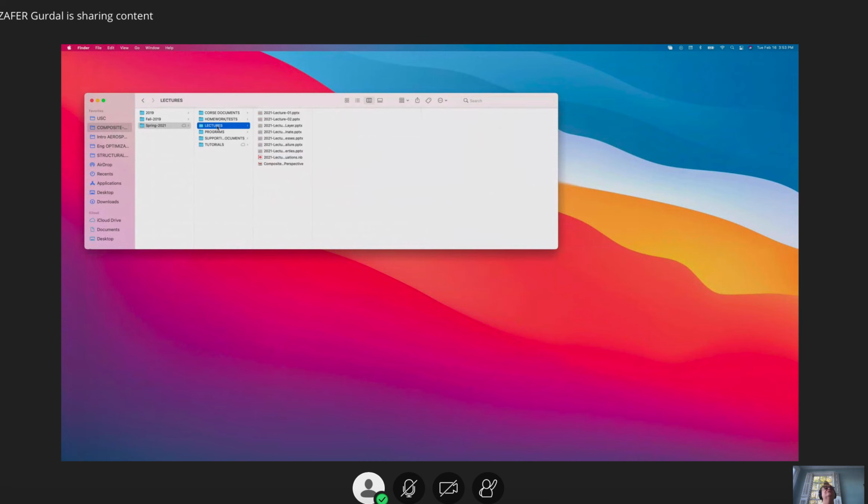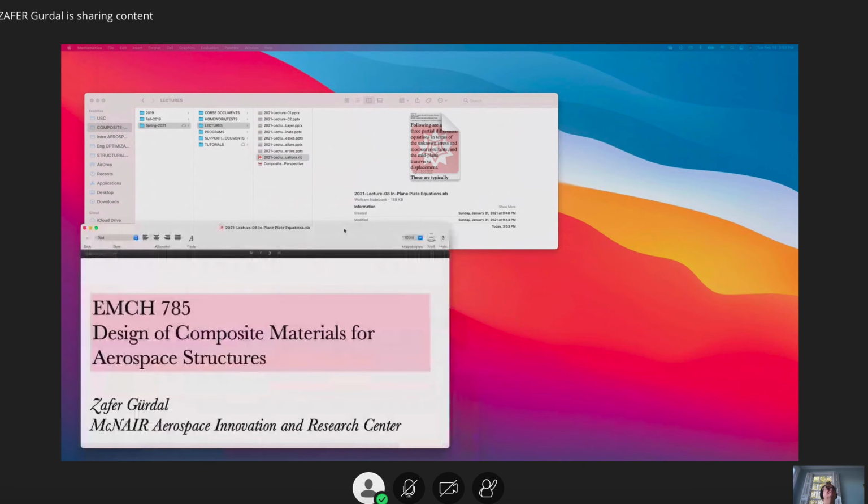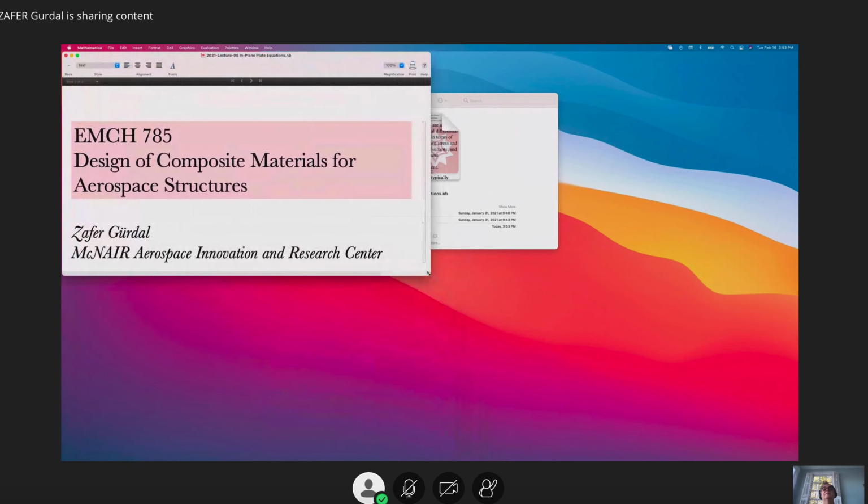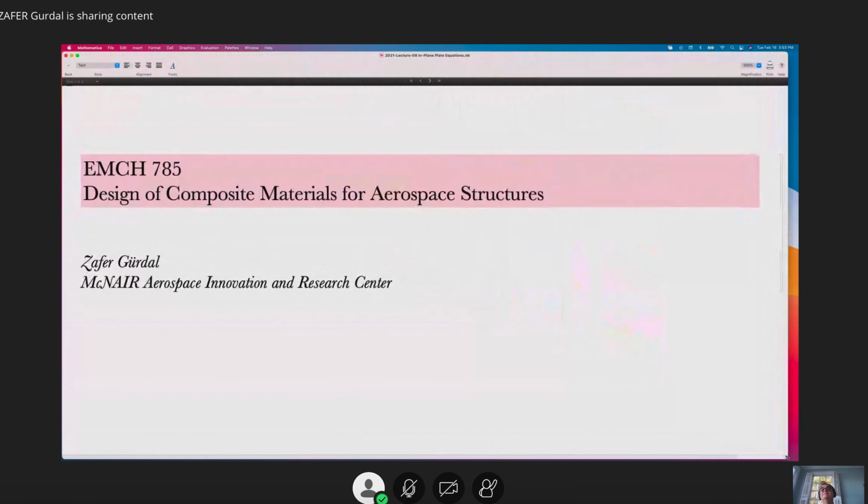Actually, the lecture was also a Mathematica notebook, but it is prepared as presentation charts.